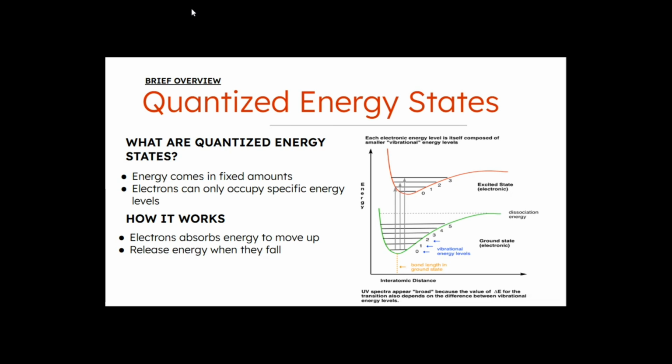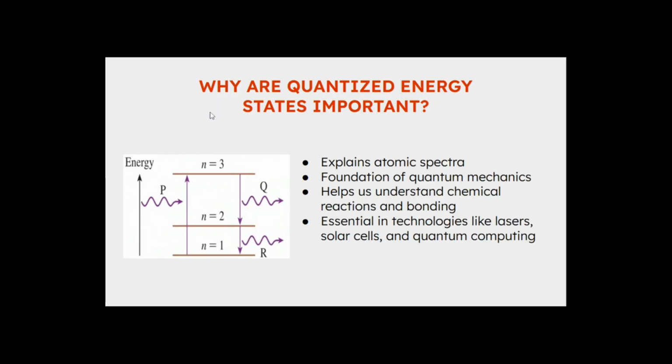So let's talk about why quantized energy states matter so much in chemistry. Quantized energy states help explain why atoms give off specific colors of light, or atomic spectra. These fixed energies are key to quantum mechanics, which shows us how tiny particles like electrons move and behave.